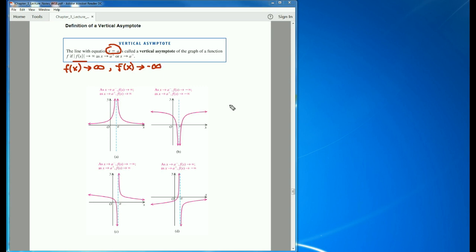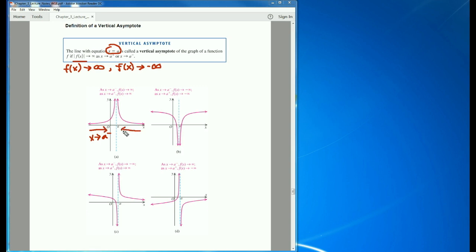Okay. And here's a good figure from the book showing the various behaviors as a graph approaches a vertical asymptote. So in all cases here, you can see they've got A indicated. The dotted blue line indicates the vertical asymptote. And again, here is x approaching A from the negative side. Okay, it's coming up from the negative side.